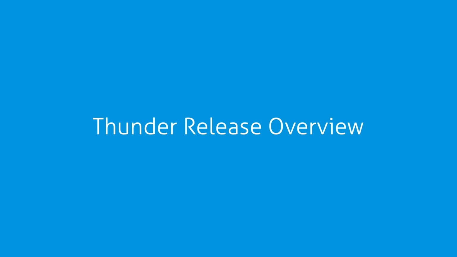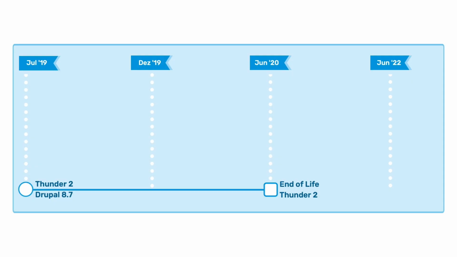With the Thunder 3 release, we also change our release schedule a bit. Thunder 2 will be end of life as soon as Drupal 8.7, the current Drupal minor version, has end of life. So this is in June 2020, almost a year, and then Thunder 2 will not be maintained anymore.